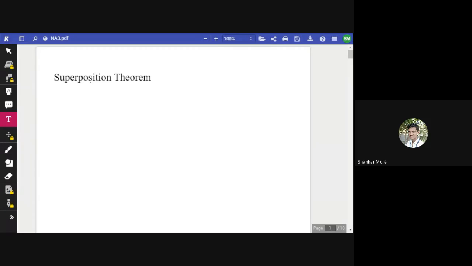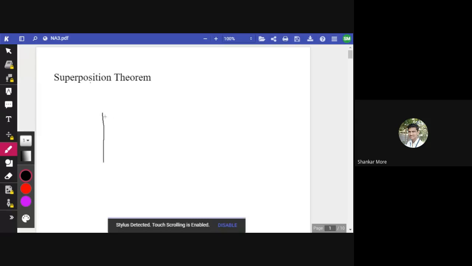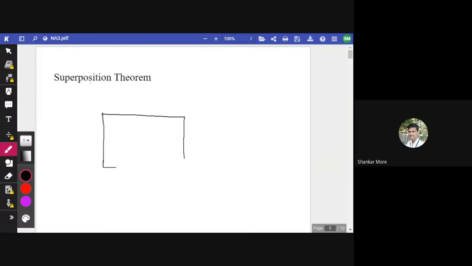Okay, so let me give you one example, one circuit, so that we will understand what is the advantage of this particular theorem. Let me get back to here. If we want to simply write about this theorem, we can write like this. This is a circuit, let us suppose.